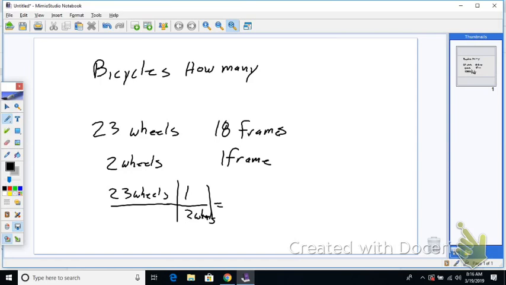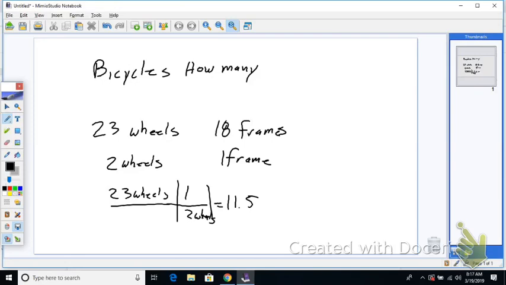So 23 divided by 2 is what? 11 and a half. And some of you said 11. Well, you can't do 11 and a half. Right, you can't do a half. Now, when we're dealing with moles, we can do halves. Because when I give you guys problems in that, we don't always deal with whole numbers. Okay, so you can make 11, right?